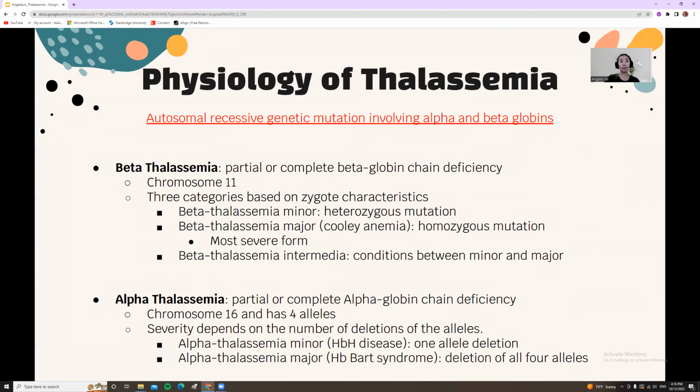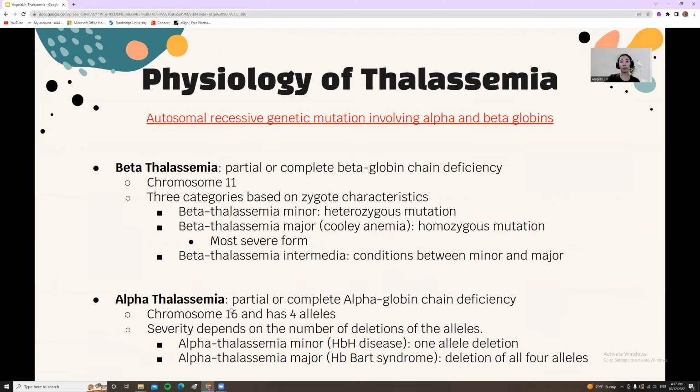For beta thalassemia minor, this is a heterozygous mutation in which beta chains are underproduced. Beta thalassemia major is a homozygous mutation resulting in the absence of all of the beta chains, and this is the most severe. Beta thalassemia intermedia is a condition that's between the minor and the major beta thalassemia.